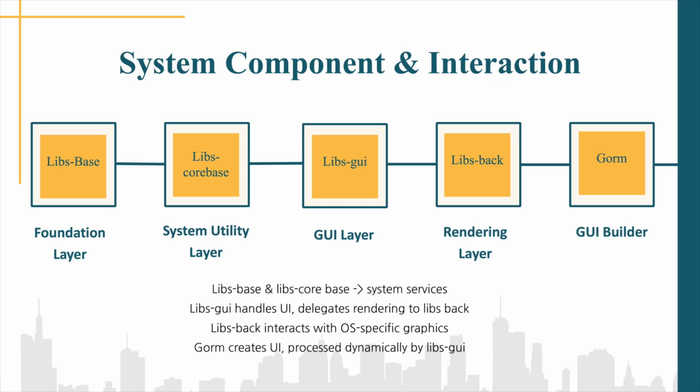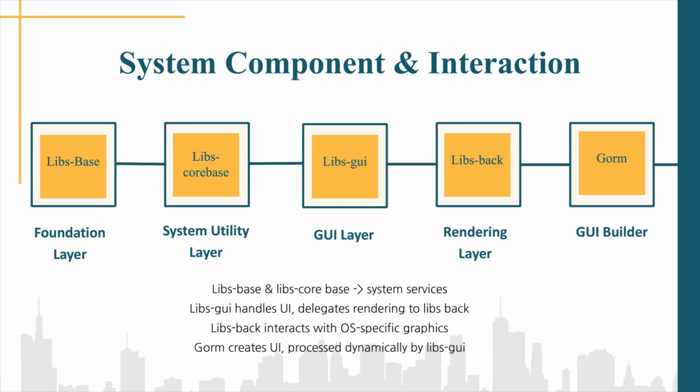The layouts created in GORM are stored as interface files, which libs-gui interprets dynamically at runtime to build application windows and controls. The interaction between these elements follows the architecture styles.